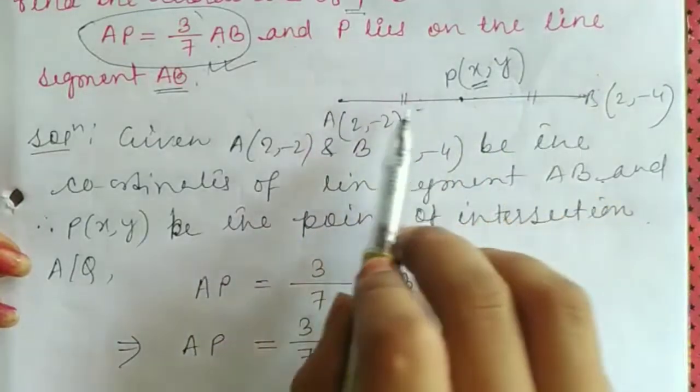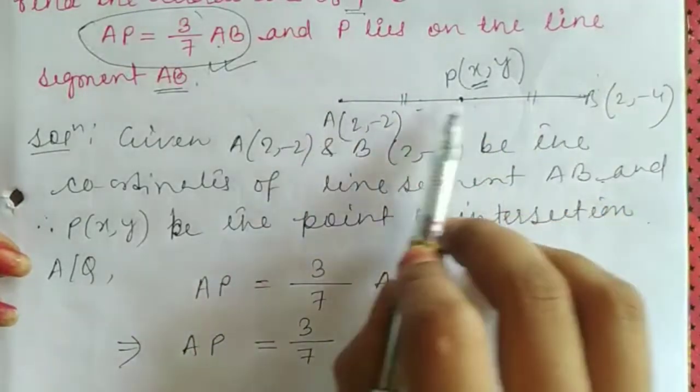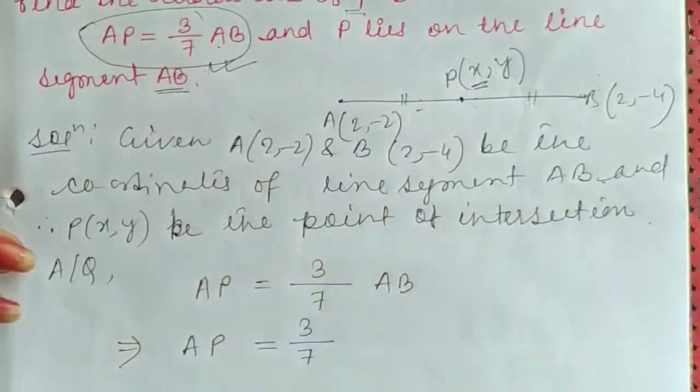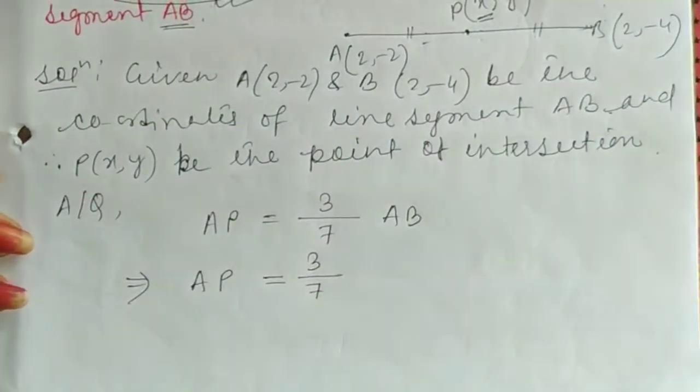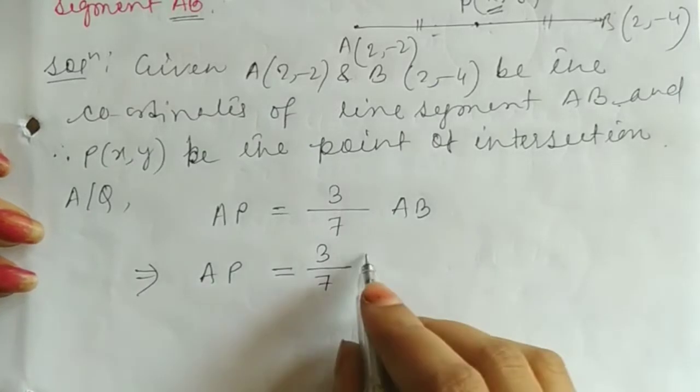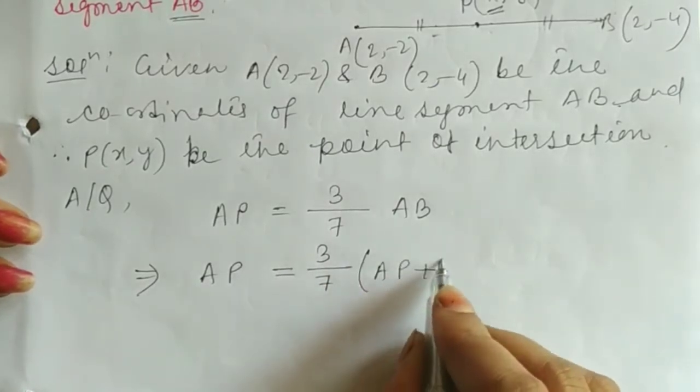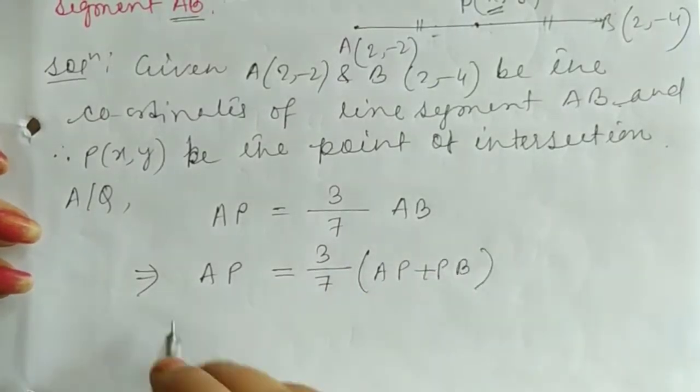That means in place of AB we can write AP plus PB. So just write here AP plus PB in place of AB.